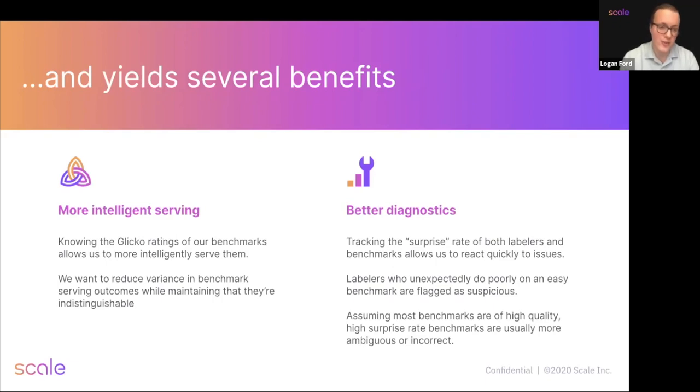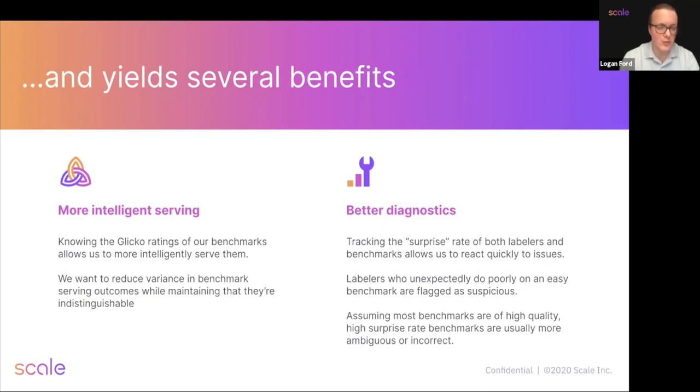And then there are also other things that we can do in terms of how we actually act on these results. With Glicko, it enables us to do a few different things. For one, we're able to do more intelligent serving. In the same way that matchmaking systems match players with players of similar skill level, for our case we do something a little different: we just want to make sure that overall the benchmarks that we serve over time are fairly consistent and follow a certain distribution.